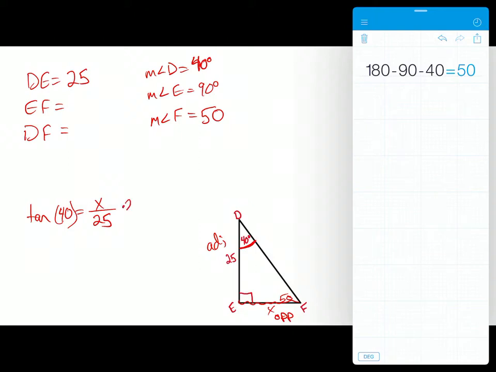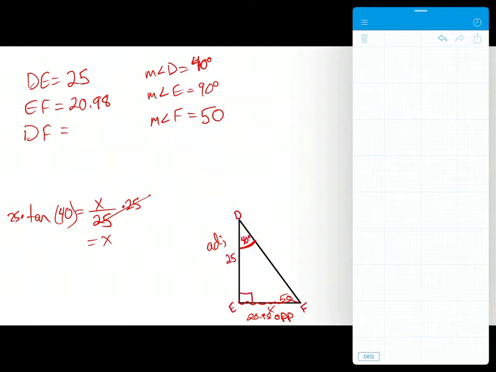I can solve for x simply by multiplying 25 on both sides. So x is equal to 25 times the tangent of 40. So 25 times the tangent of 40 is 20.98. So that side length over here is 20.98, which is EF.